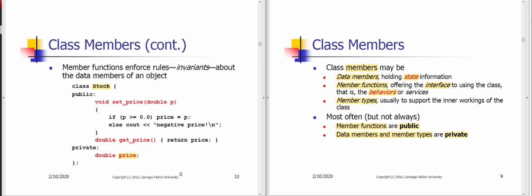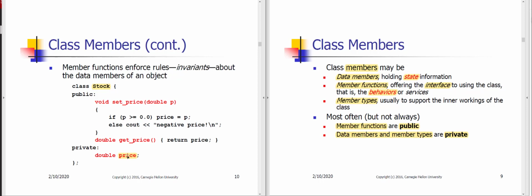If the price of a certain stock on a given day is 105, we don't want the application to say, oh, no, it's not, it's 80, and just assign an 80 into the price. That doesn't make any sense. Even worse would be assigning a negative value into that price variable. So the price member here is private.